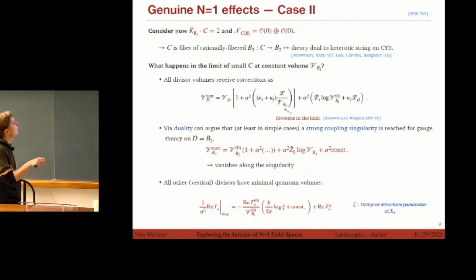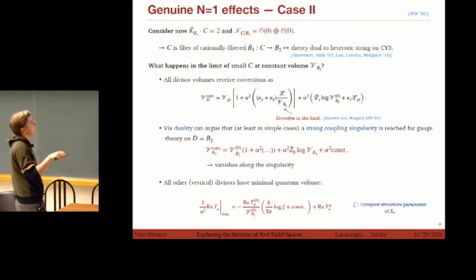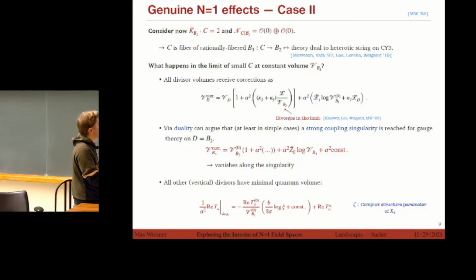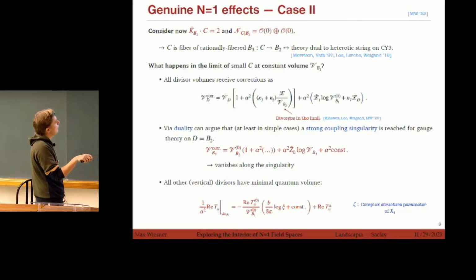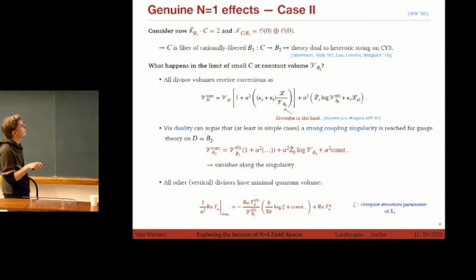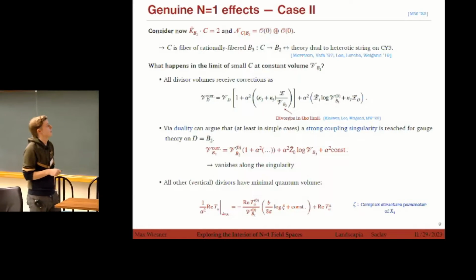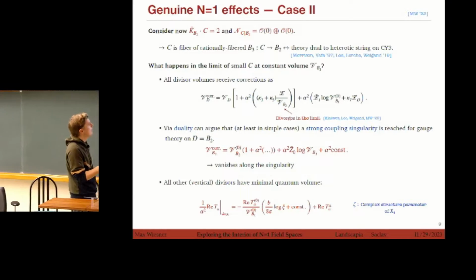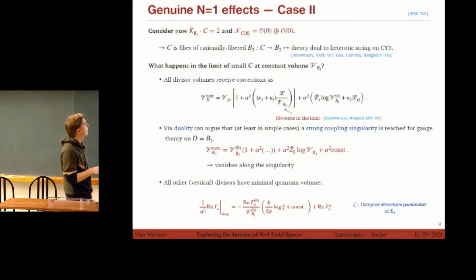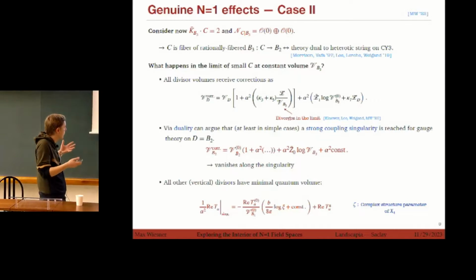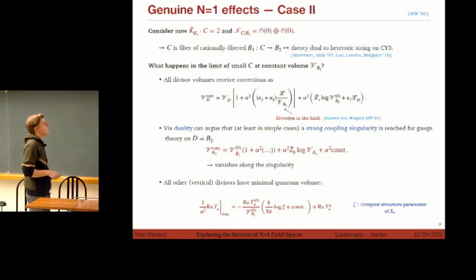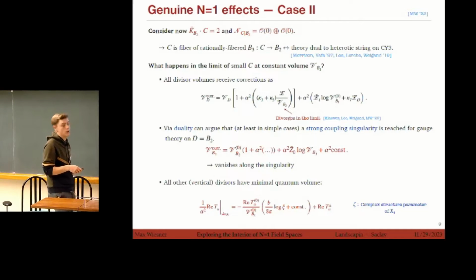And one sees that all vertical divisors with respect to this fibration should have a minimal quantum volume, which one can just write like this, where I want to highlight that there is a slight dependency on the complex structure parameter of X4, which one can infer via this duality. So we see that here we reach a strong coupling singularity that you would not have seen from the n equal to 2 parents, or if you would just apply n equal to 2 logic. And we see a mild mixing between the complex structure parameter of X4 and the base B3.